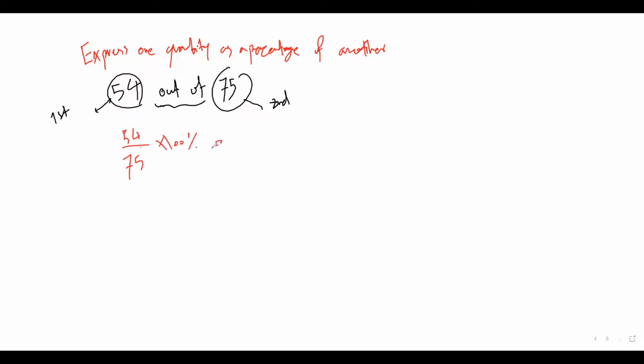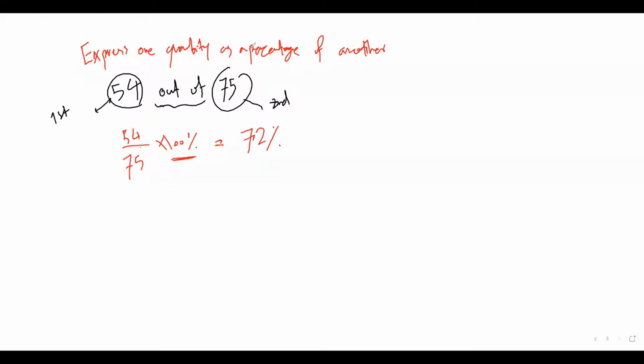And that would be, okay, 54 divided by 75, so that will be 0.72, I'm sorry, percent, 72%, right? And don't forget to multiply by 100%, not just 100, because if you do that, you're going to change the answer. To compensate for that, we need this percentage symbol, right?